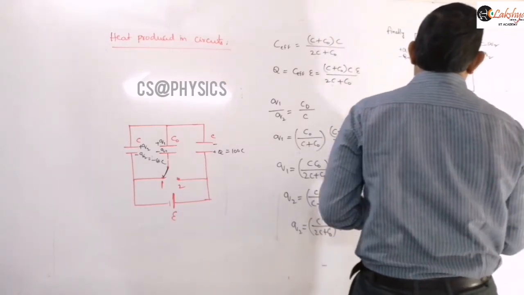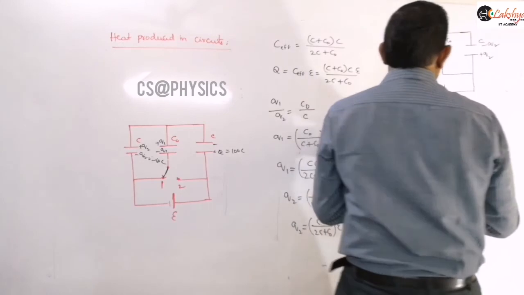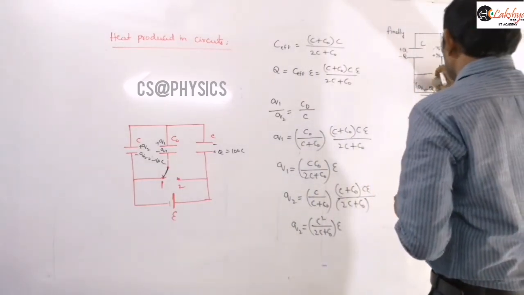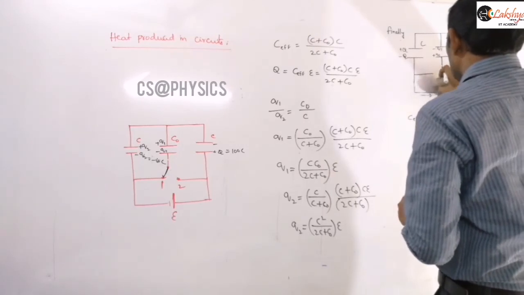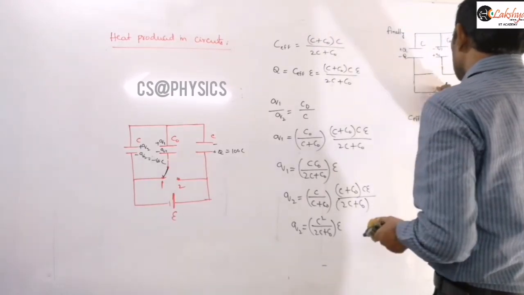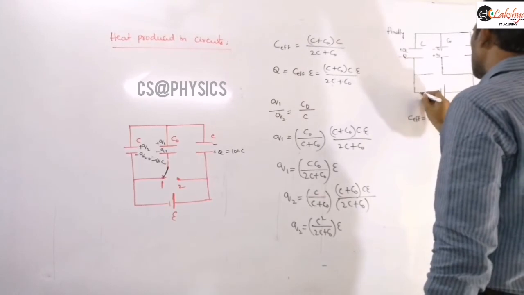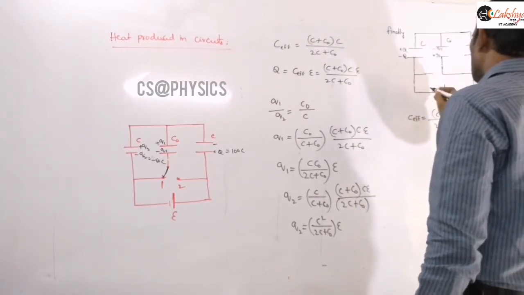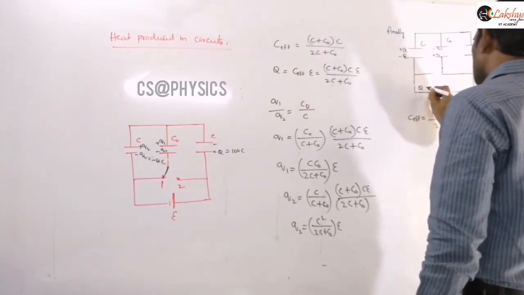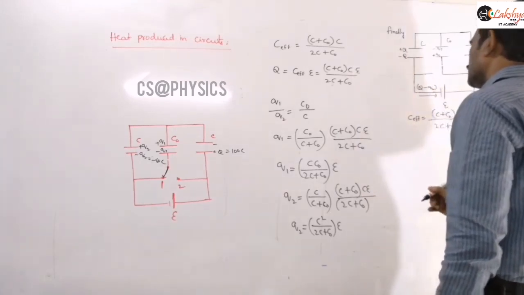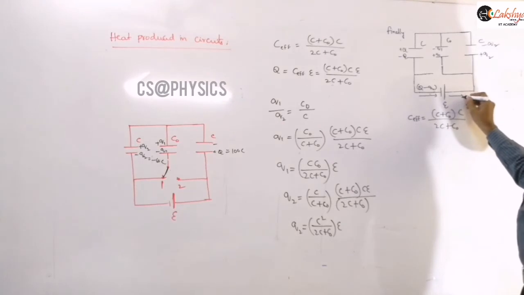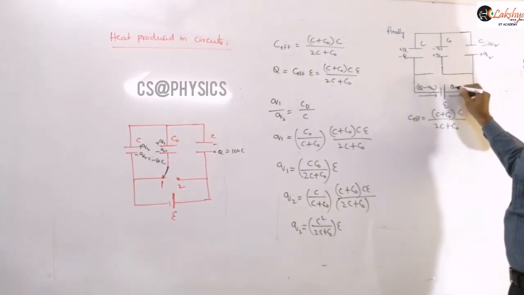So if you are taking along this direction, then Q minus Q2 is flowing along this direction, and we will get Q minus Q2.